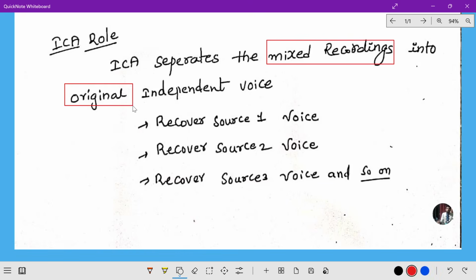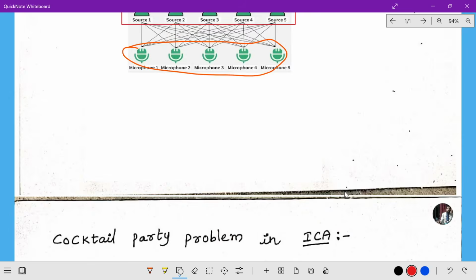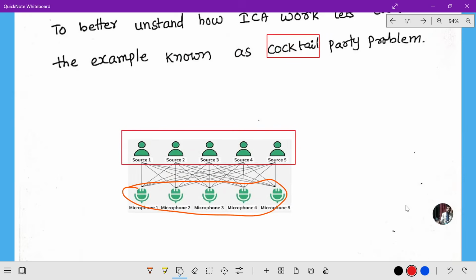What is the use of this? We are going to access the original voice of each and every source person. So we recover the source 1 voice, recover the source 2 voice, recover the source 3 voice, and so on. After completion of independent component analysis, we are going to recover all the sources individually, all the voices.